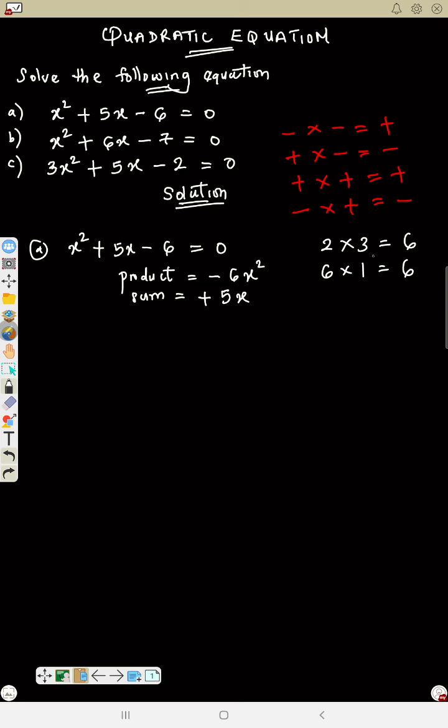That means one of these numbers should carry minus. But the sum is plus. Anytime the sum is plus and the product is minus, you need to put minus in the smallest number. Here in 2 times 3, the smallest number is 2, put minus in 2. Here in 6 times 1, the smallest number is 1, put minus in 1.